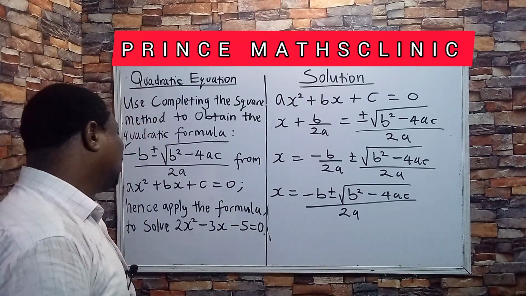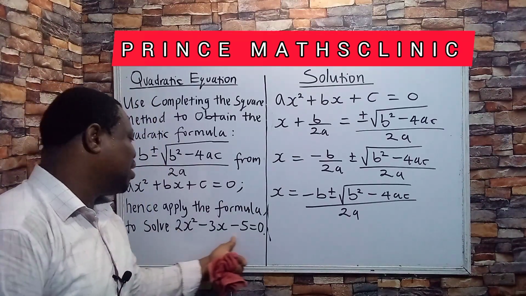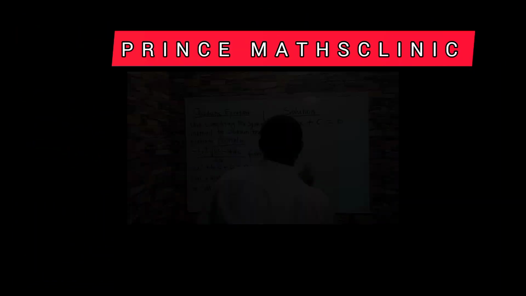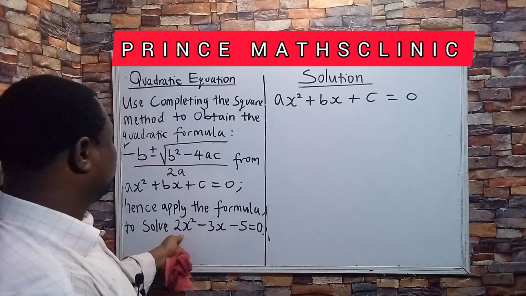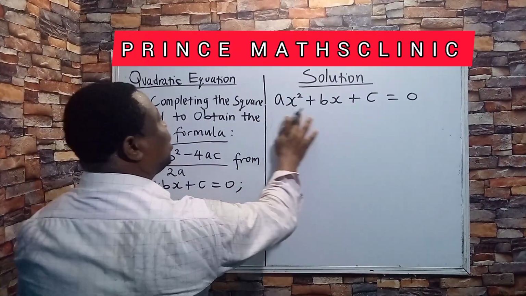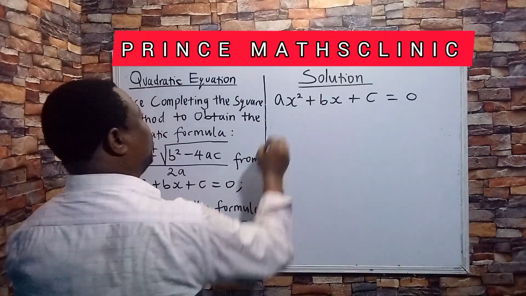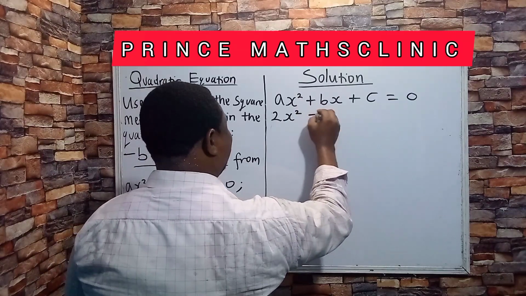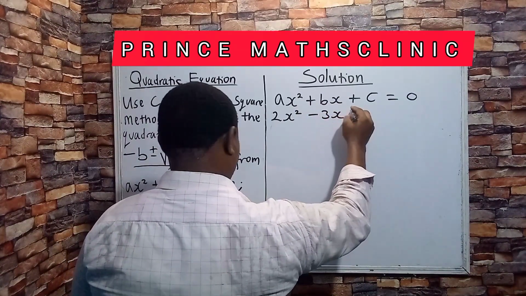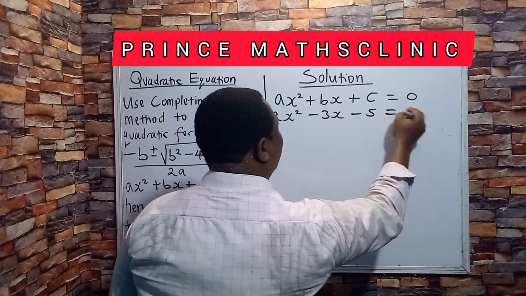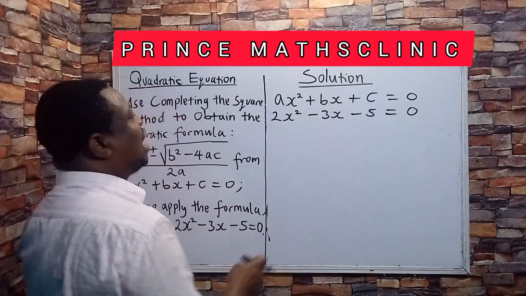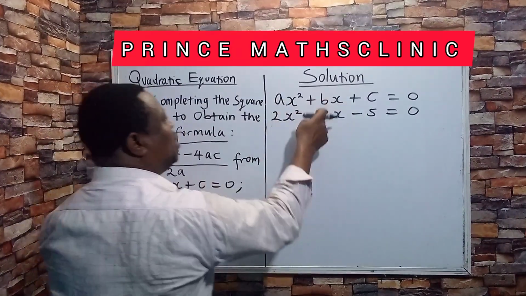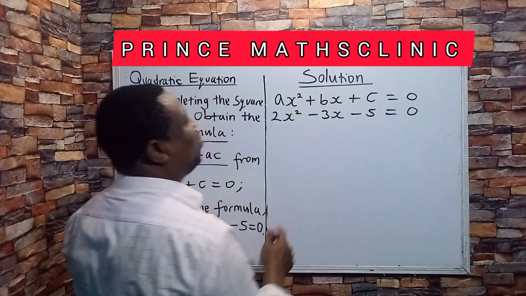And we are asked to use it to solve this particular equation. Now we are going to compare the equation we are given to ax² plus bx plus c. So this is 2x squared minus 3x minus 5 equals 0. In essence, our a is 2, our b is minus 3, our c is minus 5.